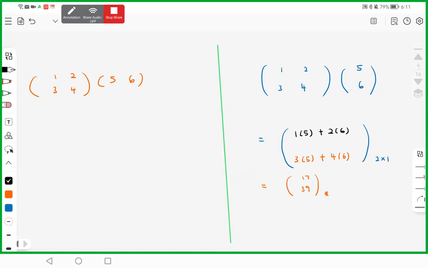You got to check the order first. So here, 2 times 2. The second matrix, you got 1 row, 2 columns, right? 1 times 2. This case cannot multiply because the number inside is different. It's not the same. So if it's not the same, we cannot proceed.